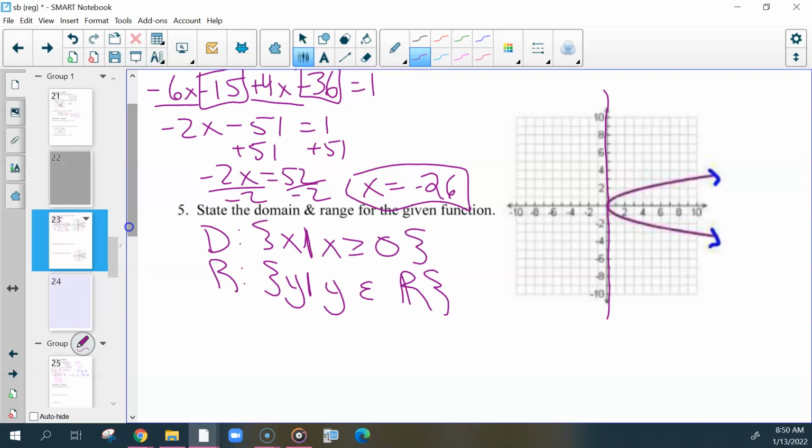I did pass out new answer sheets if you're using this. I don't know if you did. I also passed out with that your new set of notes. It should just be one sheet.